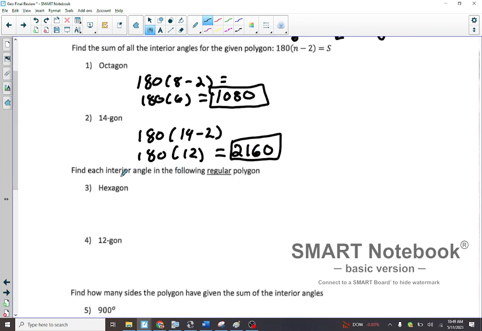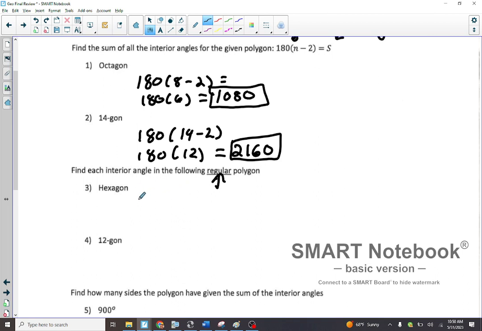All right. Find the interior angle of a regular polygon. A regular polygon means all the sides are equal. So in this situation, if I know the total for the octagon and split that into 8 separate pieces, each angle should be the same.